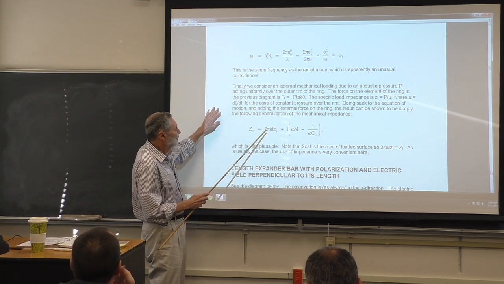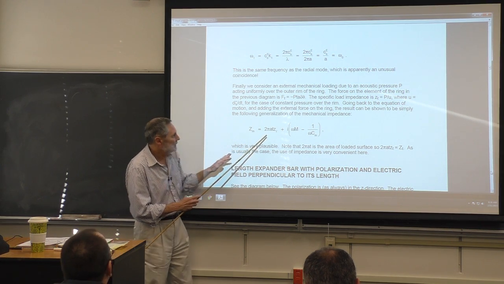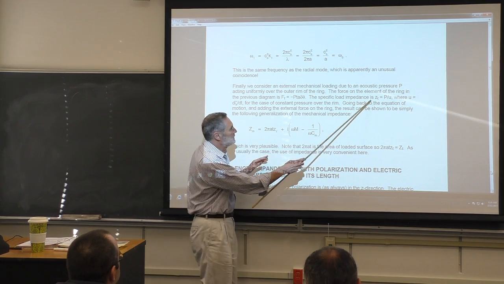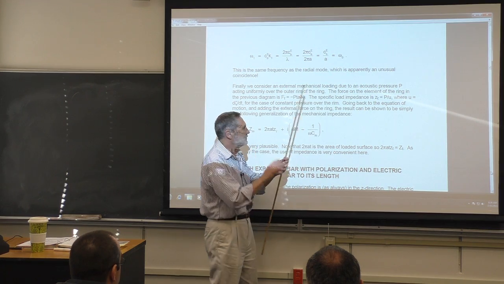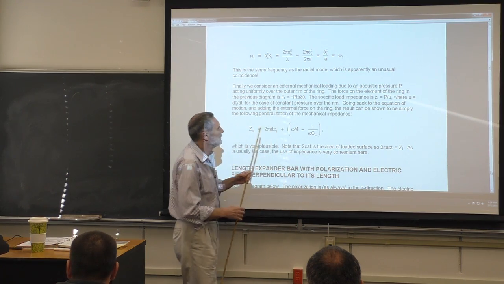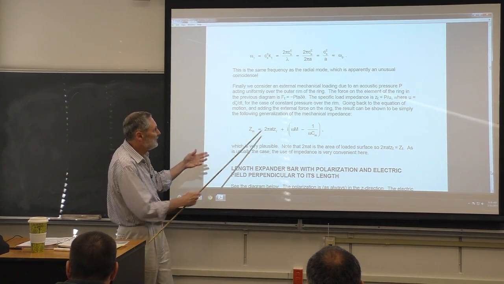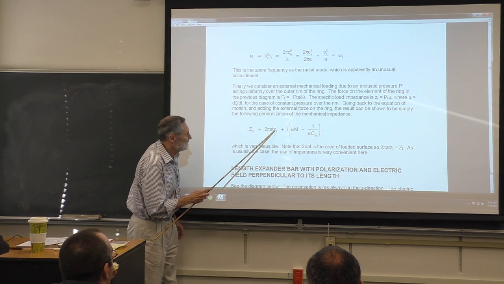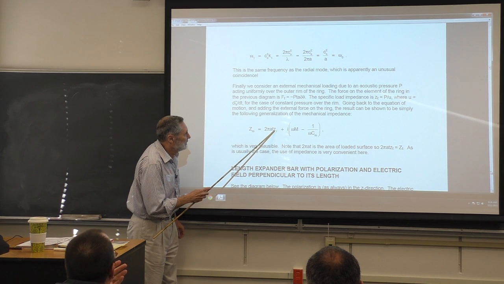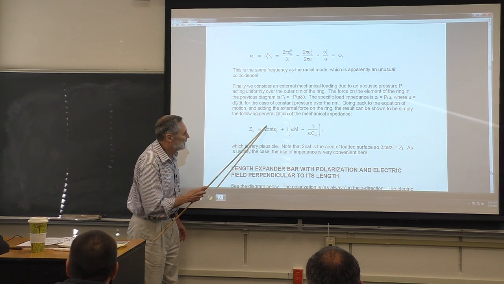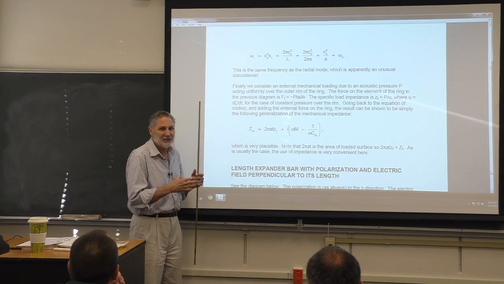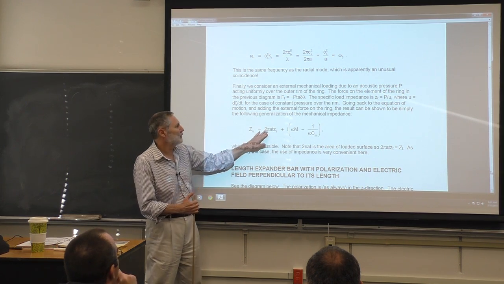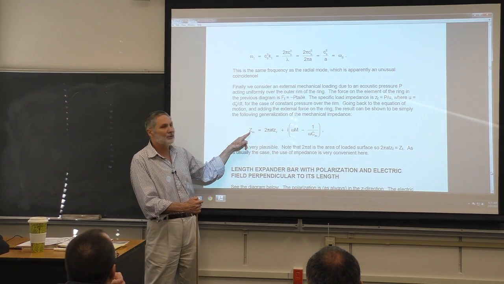So anyway, going back to here, it's not surprising that this specific impedance becomes a global impedance, or the impedance with the force. It's the specific impedance, the pressure per velocity, multiplied by the area of the radiating surface, to give you the force. Because this is force divided by velocity.